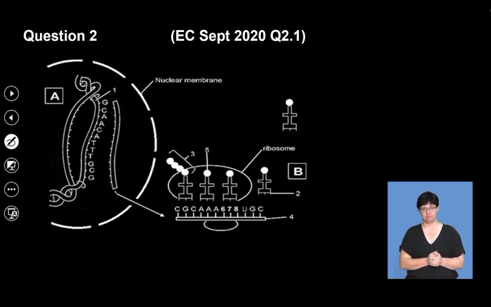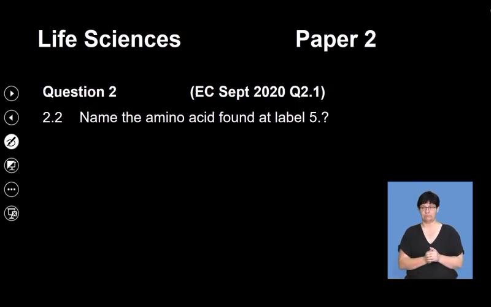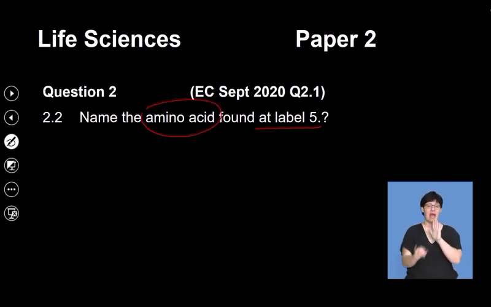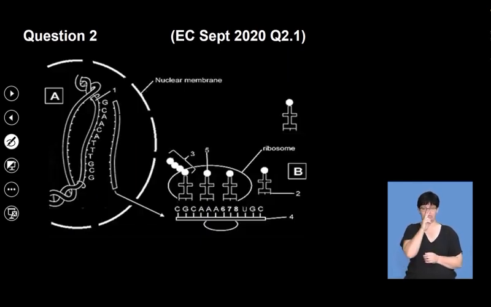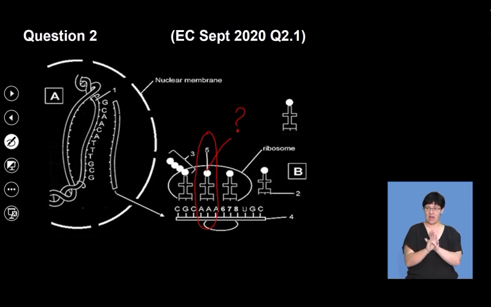Okay, so we've named the amino acid found at label 5. So I'm going to jump back to that diagram. We've got to identify the amino acid found at label 5. So guys, let's go to that diagram first. If we go to label 5, label 5 is a tRNA, and we need to identify that amino acid.